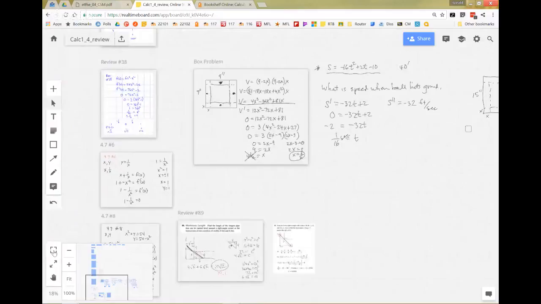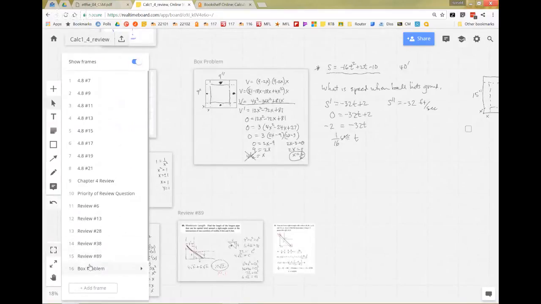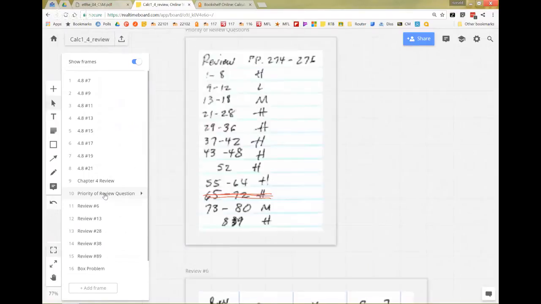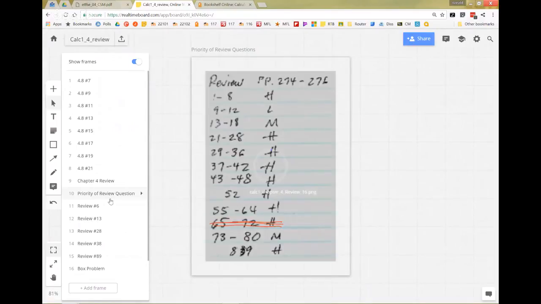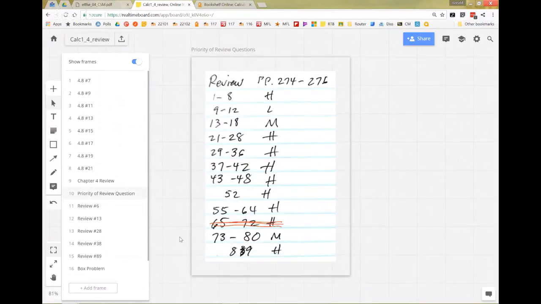I'm just trying to look through and see if there's anything else I went through in the second class that I didn't go through with the first. I don't think so.